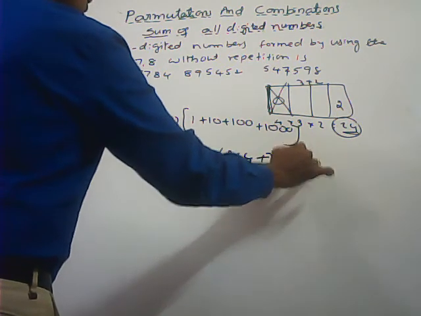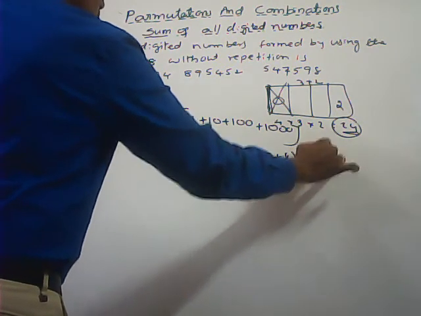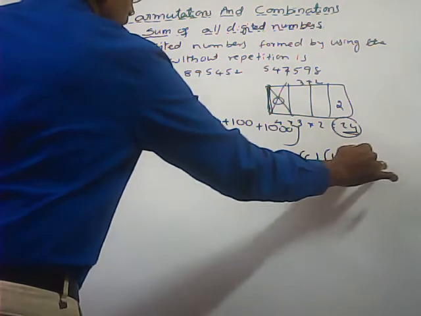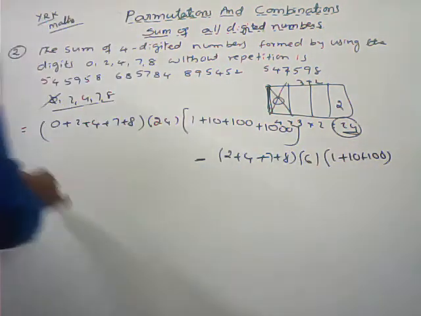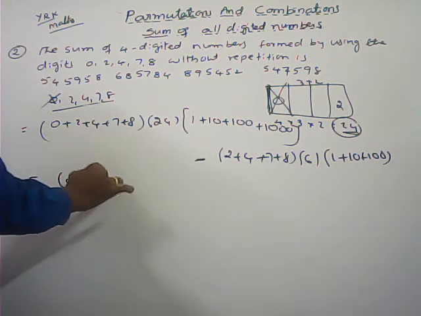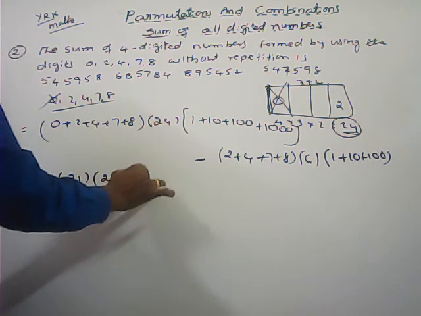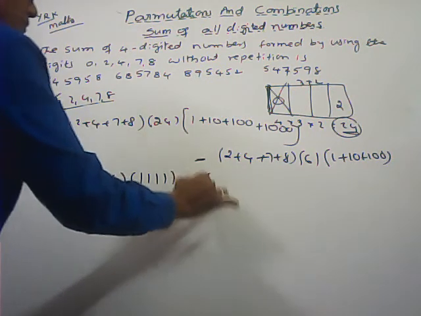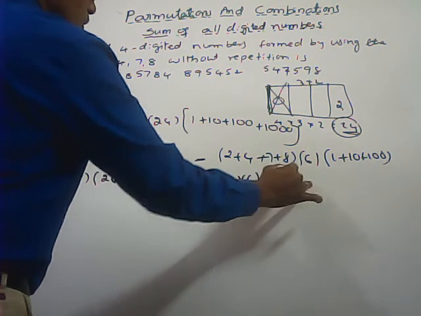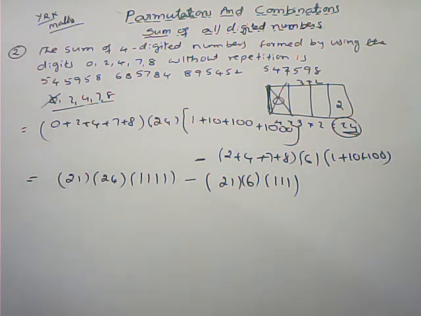Each digit repeats how many times? 6 times. And 1 plus 10 plus 100. That is equal to 21 into 24 into 1111 minus 21 into 6 into 111. By simplifying that one, we can get the answer.